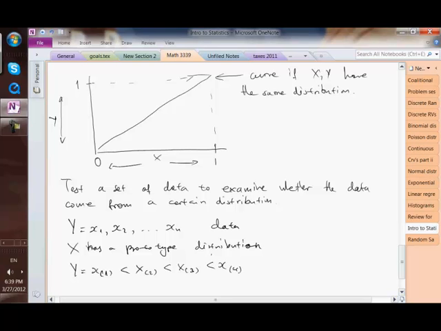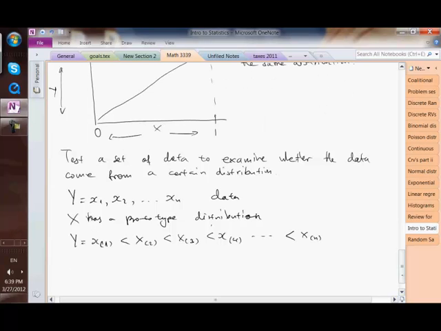So y(1) is the smallest number, y(2) is the second smallest, and so forth and so on. The parenthesis here means the index after ordering the data in increasing magnitude.